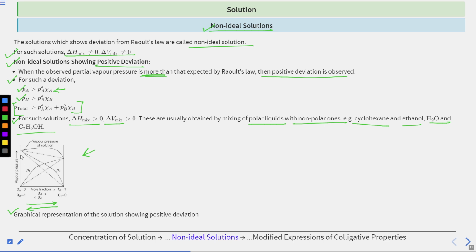This arrow shows the total vapor pressure line, and these are the partial vapor pressures P1 and P2 of the two components. So this is a graphical representation of a solution showing positive deviation.